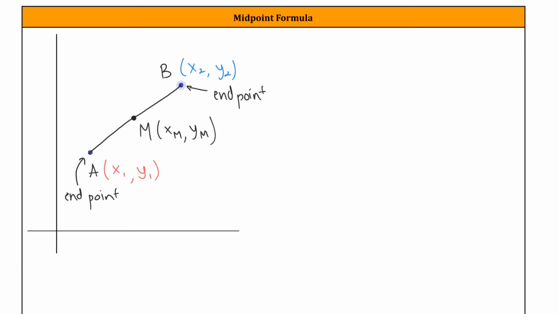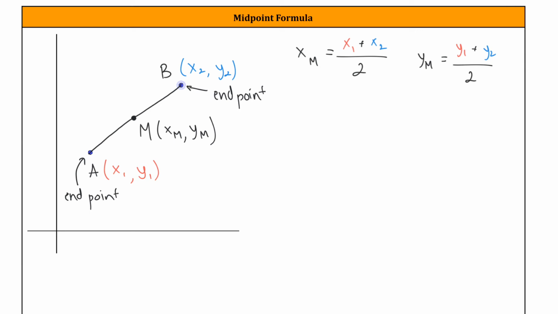How we find the actual coordinates, the actual numbers for the coordinates, is we will use these two equations. To find the x-coordinate of your midpoint, this will be equal to x1 plus x2, all of that divided by 2. We have a very similar equation for the y-coordinate of the midpoint, so ym is equal to y1 plus y2, and all of that also gets divided by 2.